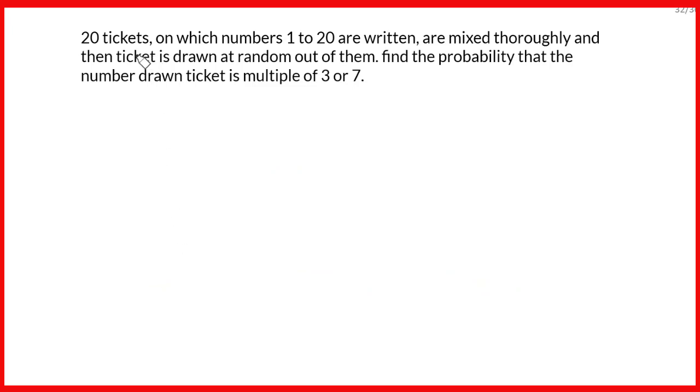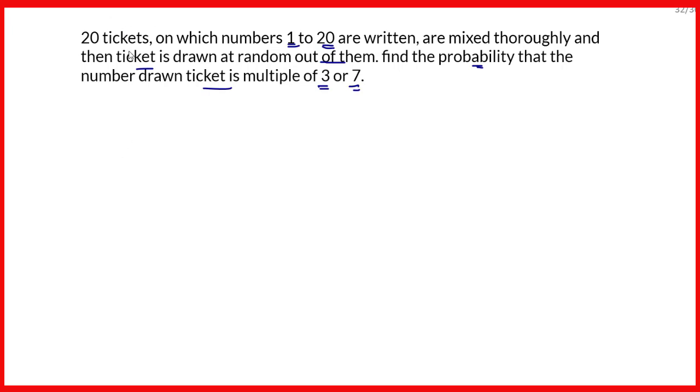Now here is another question: 20 tickets on which 1 to 20 are written are mixed thoroughly, and then a ticket is drawn at random out of them. Find the probability that the number on the drawn ticket is a multiple of 3 or a multiple of 7.